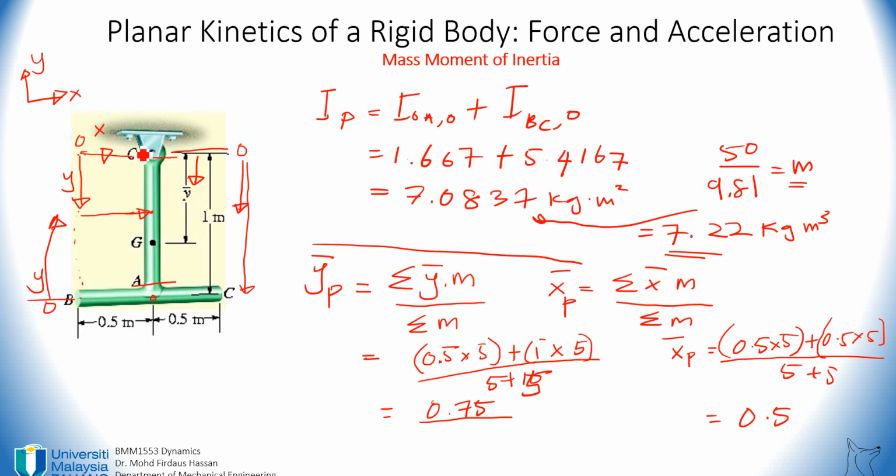Okay, 0.5 is somewhere here, and y is 0.75. Y is measured from this reference, downwards 0.75. So your G, x y, is this coordinate for the new G of the pendulum.